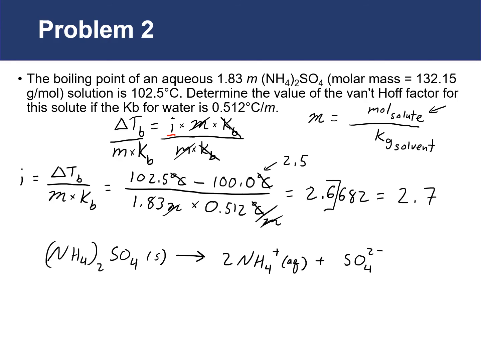So just from the balanced equation, what we would predict is that the scaling factor should be 3, but what we find is because some of your ammonium and some of your sulfate are going to be closely associated with each other, the actual Van Hoff factor is slightly less than what would be predicted under ideal circumstances. So our actual Van Hoff factor is 2.7 as opposed to the 3 that would be predicted.